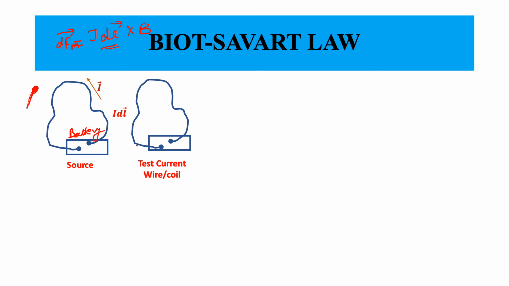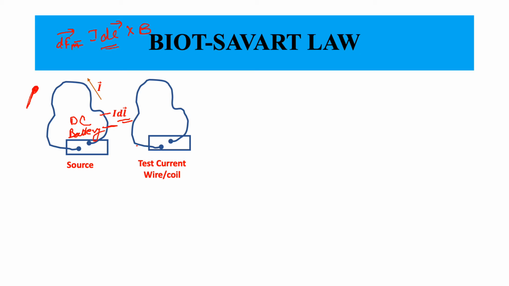So this is a closed path for the current to flow, and we are assuming that the current is steady state or DC current, not varying with time, and we are considering the force because of only a small portion of the current-carrying wire, and this portion is I dl.